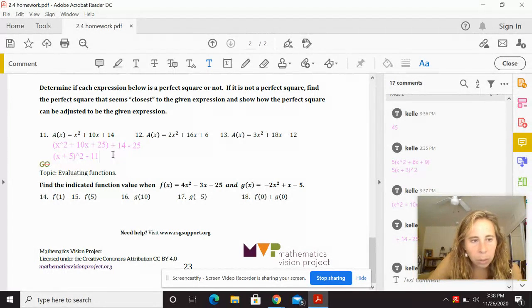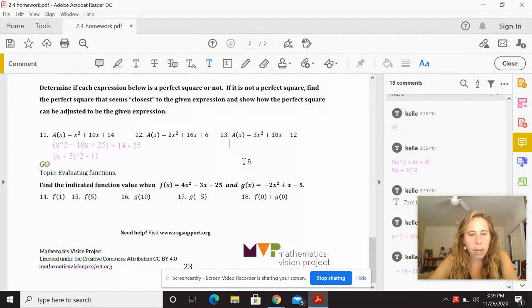Let's do 13. I should have done 13, oh well, I'll do 13 anyway. So now we have 3x squared plus 18x minus 12. So I'm going to go ahead and factor out my 3.